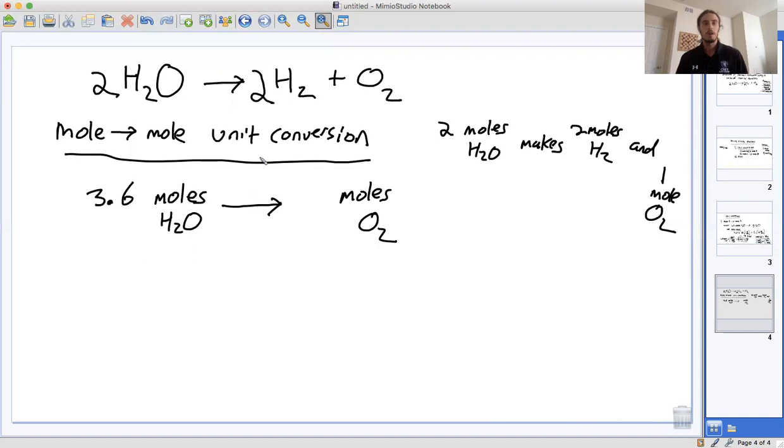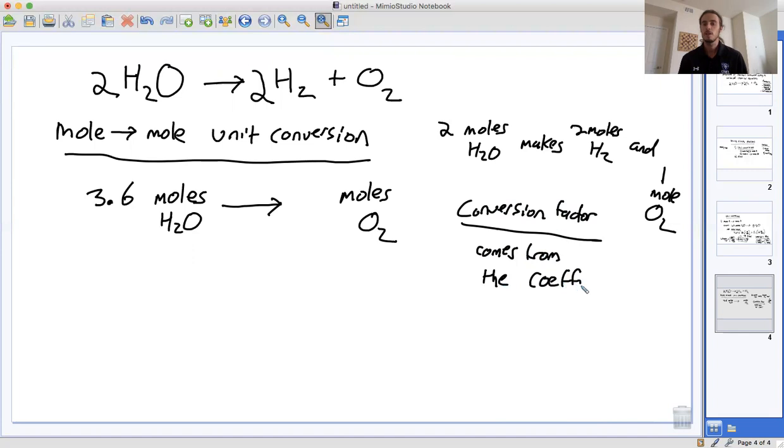So when I'm doing a mole to mole unit conversion, the conversion factor comes from the coefficients. The coefficients allow me to set up a ratio of one substance to another.